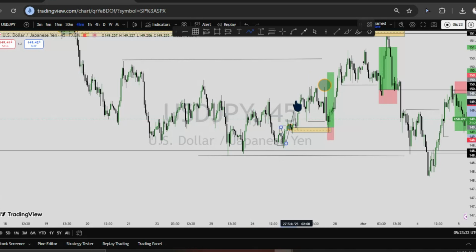It formed something like this and created an inducement. Now the market broke this structure, then came back to sweep this liquidity and tapped into the order block around this area. What did it do after this? It bought to the upside. So this is the type of entry signal you should be looking for.